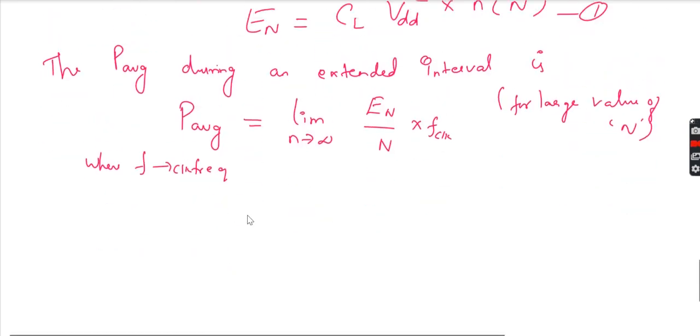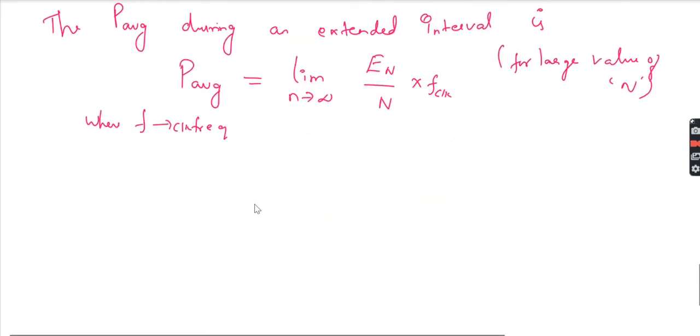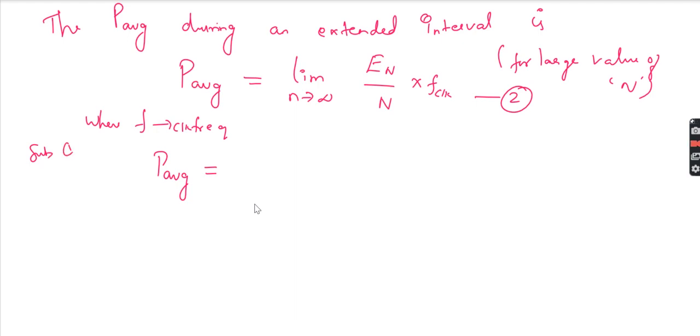Now what will you do? The P average is equal to, this is equation number 2, right? Now substitute 1 in 2.